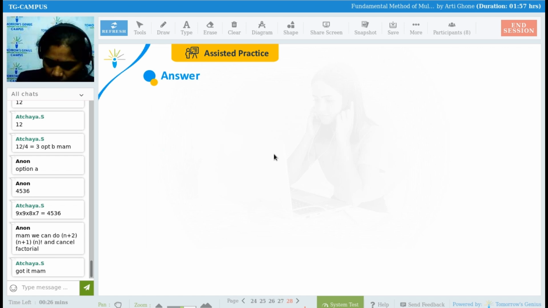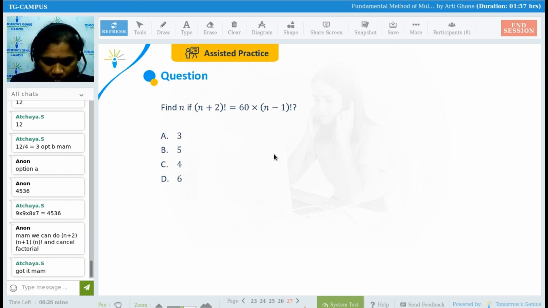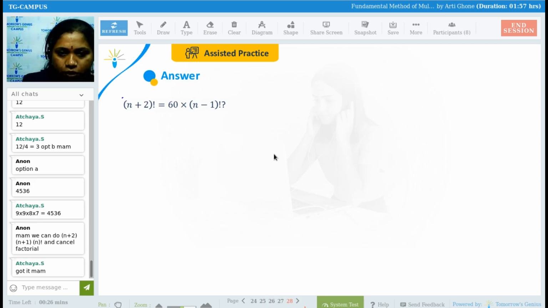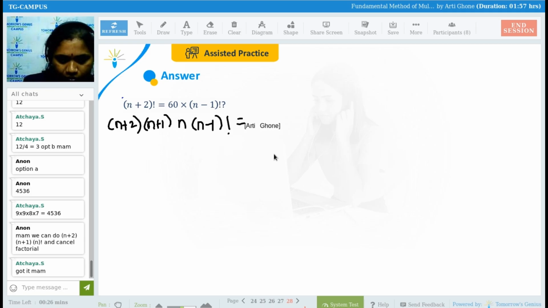I'll do the stepwise process now. Three, 5, 4, 6. Note down the options if you require. Just message me in the chat box. So n plus 2, n plus 1, then n minus 1 factorial is equal to 60 into n minus 1 factorial.